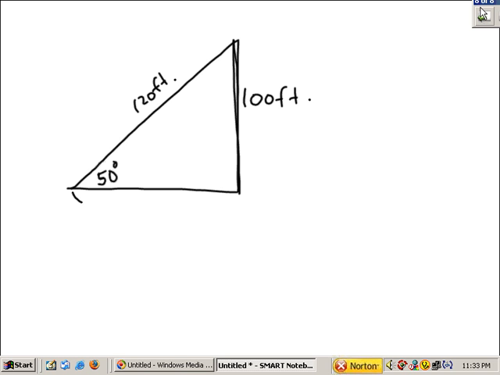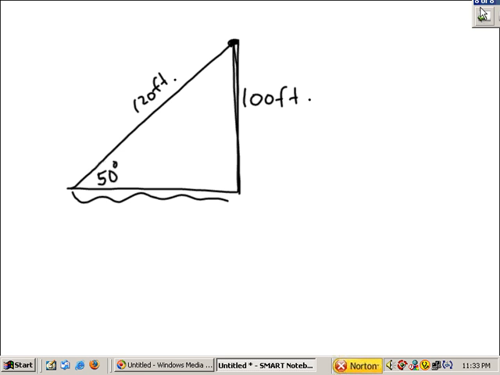And somebody asks you, oh, how far did you put the ladder away from the building? It's very urgent that you give them this answer. You have a 120-foot ladder. It goes to the very top of the building.